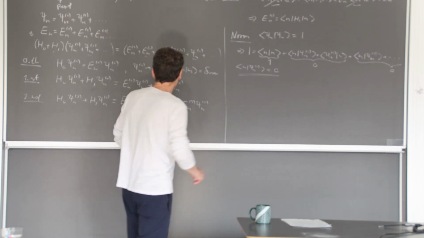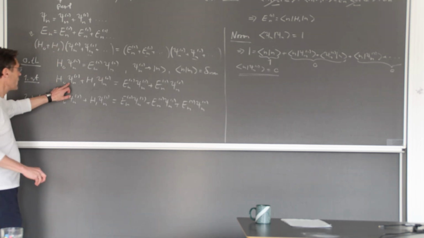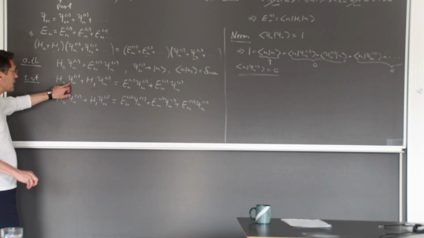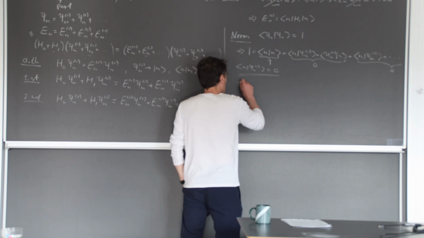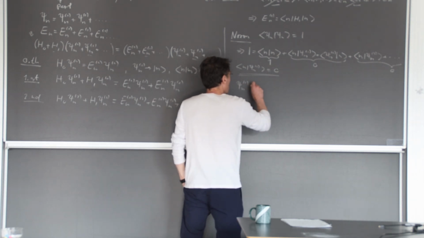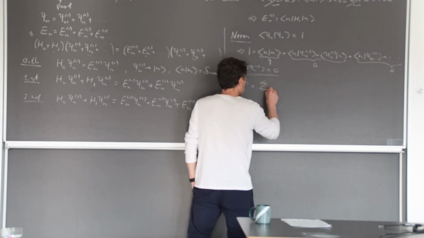So what I will do now is look at my first order equation again, but I'll try to solve for the wave function. And what I will do is write this unknown wave function in terms of what I already know. This is what's called a sum over states.